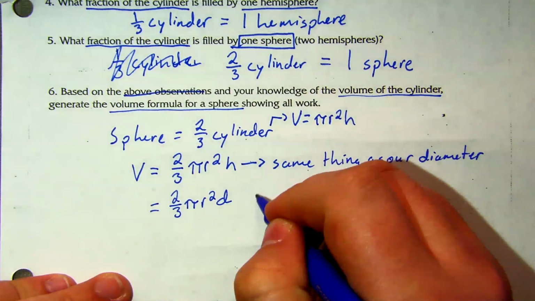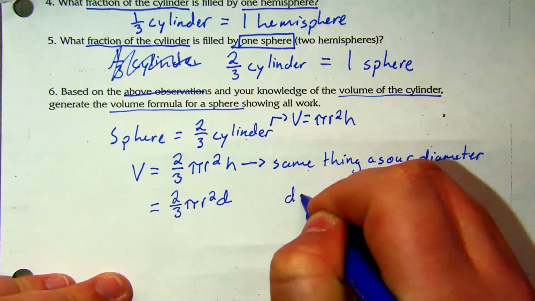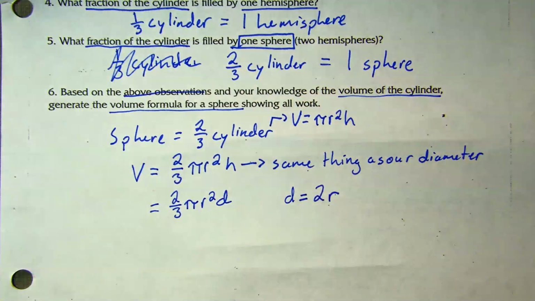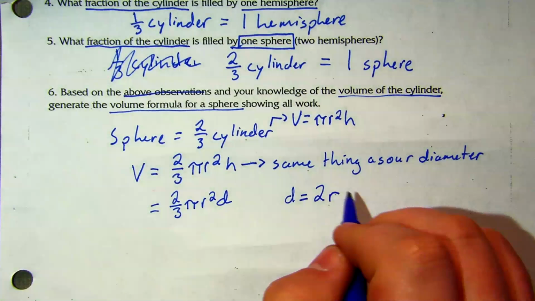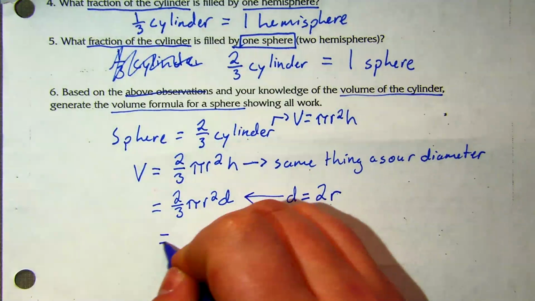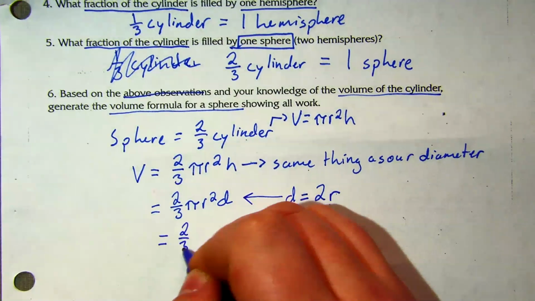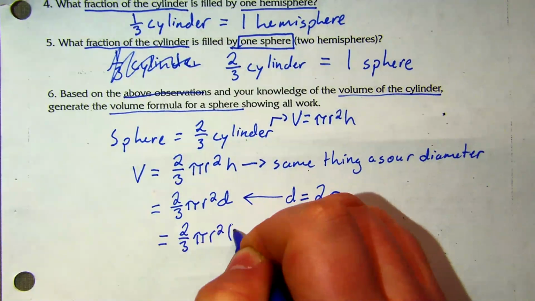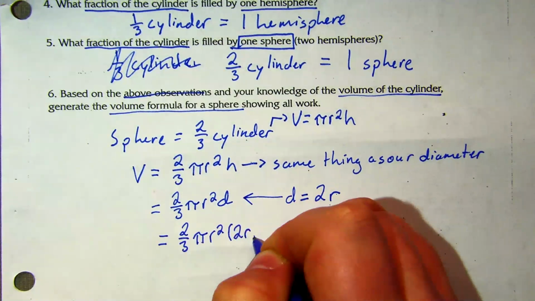We can say diameter is equal to 2r. So then we can sub that into our equation, and we get 2/3 pi r squared times 2r.